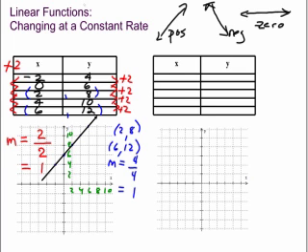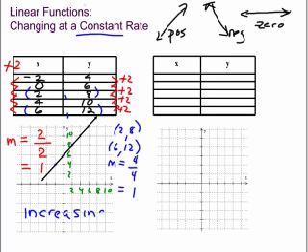So it doesn't matter which two pairs of points you use when you're doing a linear function, because the rate of change is a constant rate, and you will always get the same rate of change if you're looking at an exact linear function.